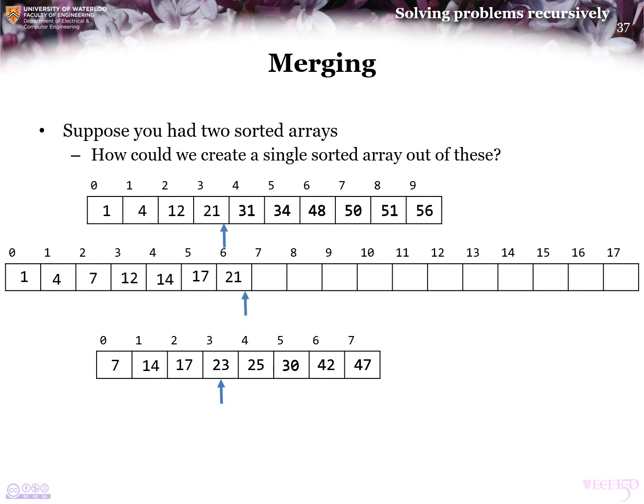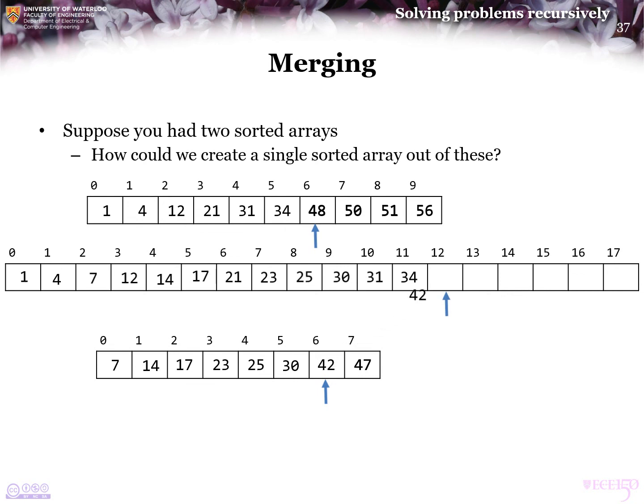Copy down 21, increment those indices. Copy up 23, increment those two indices. Copy up 25, increment. Copy up 30, increment. Copy down 31, increment those two. Copy 34, increment those two.